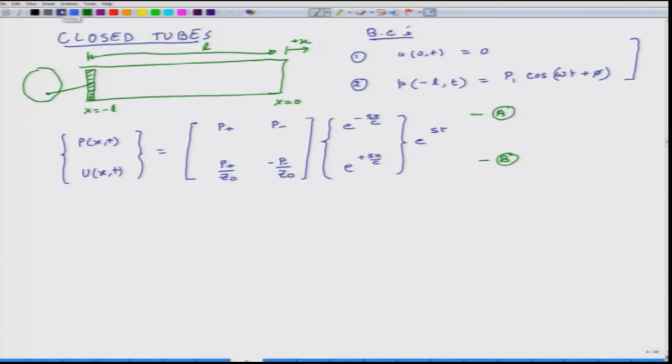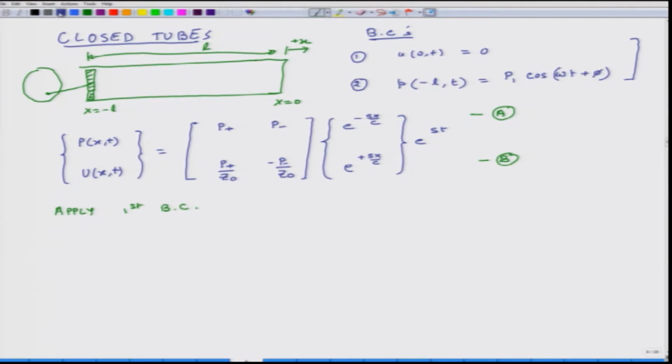Now we apply the first boundary condition, which says that U at x equal to 0 is 0.